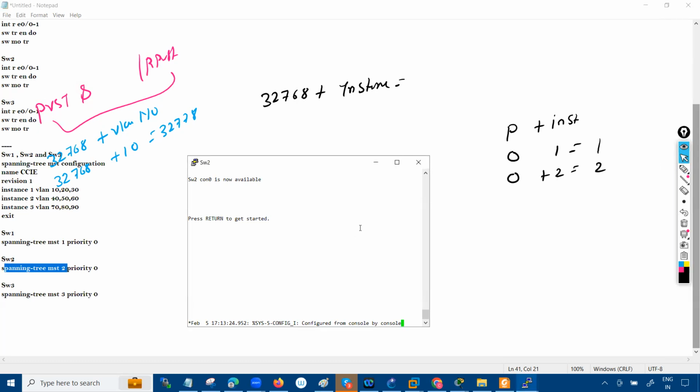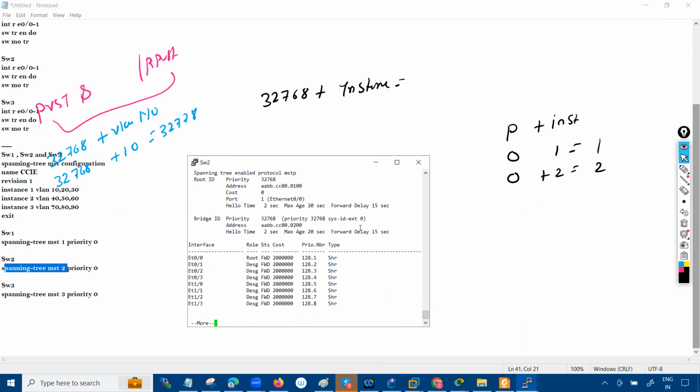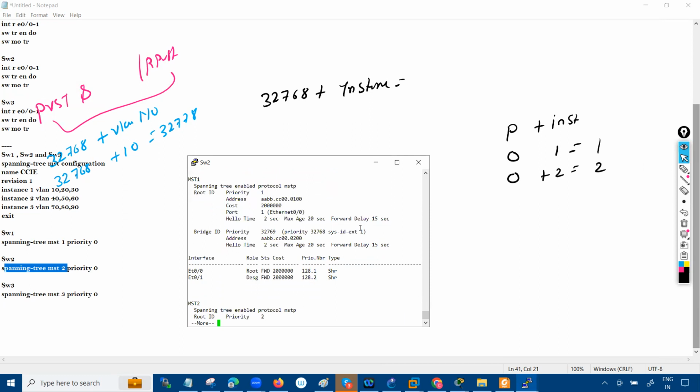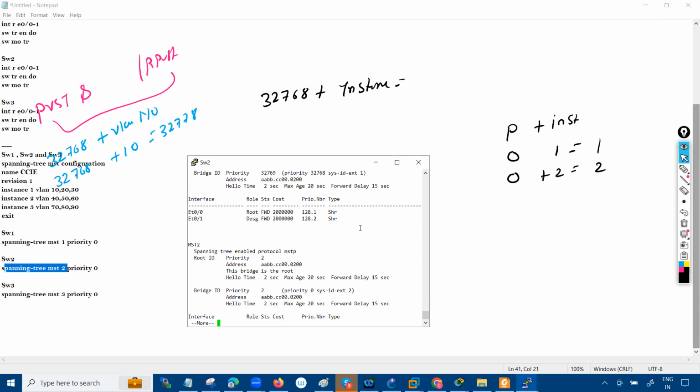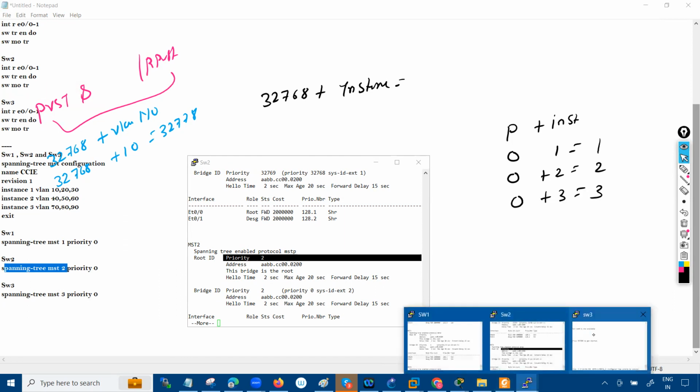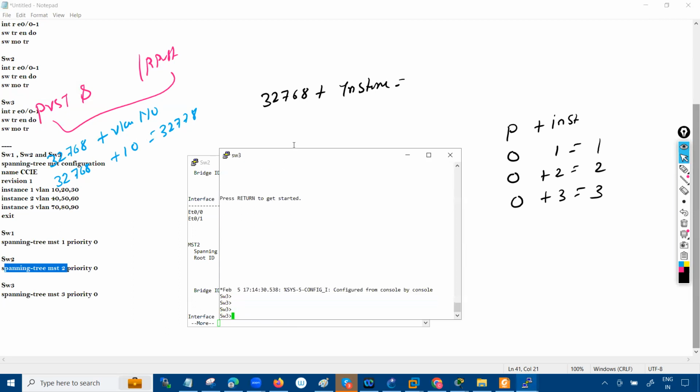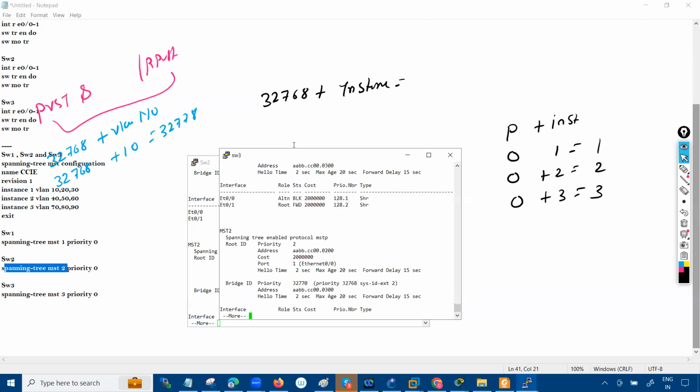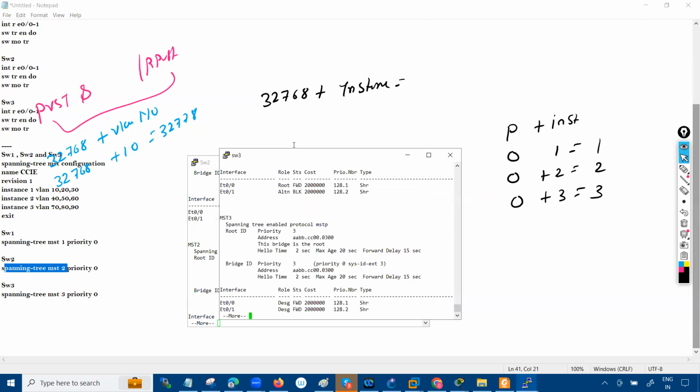So if you go to switch 2 right now, here we are not adding the VLAN number. Here we are adding the instance number. So if you see, the priority is 2 now. Same thing for switch 3, what I did, MST 3, right? Priority is 0, and the instance number is 3. So it will become 3. So if you go to switch 3 right now, here we are not adding the VLAN number, we are adding the instance number to the priority.